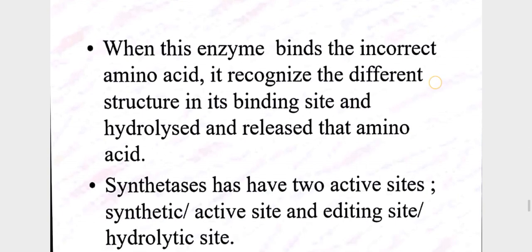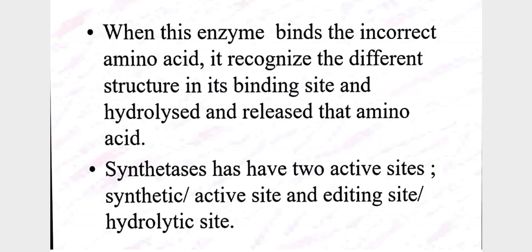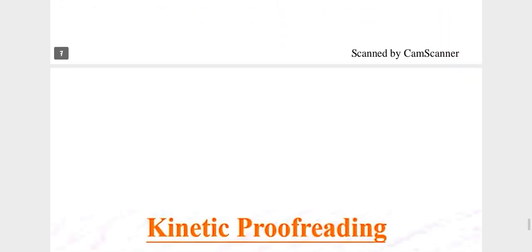When this enzyme binds the incorrect amino acid, it recognizes the different structure in its binding site, hydrolyzes it, and releases that amino acid. Synthetase has two active sites: the synthetic active site and the editing, hydrolytic site.